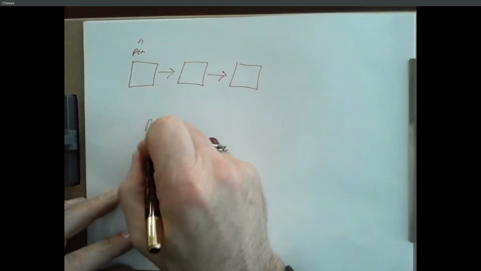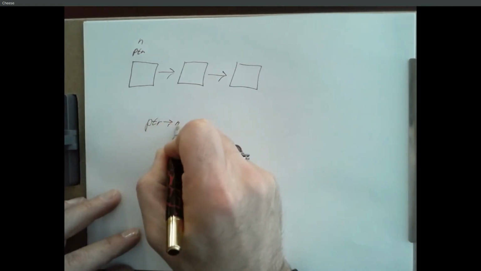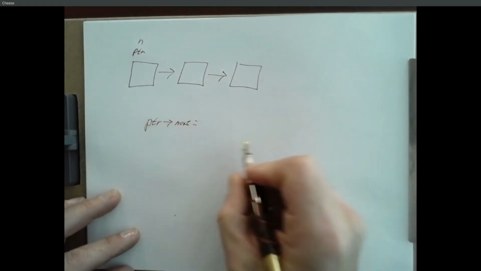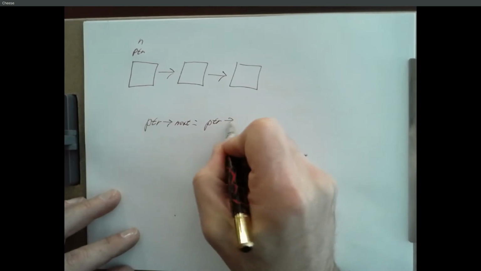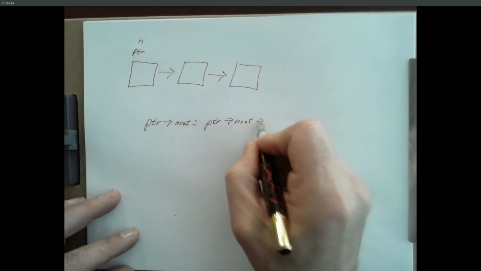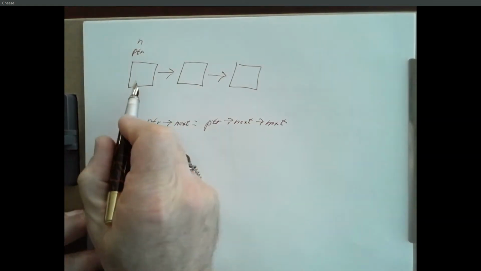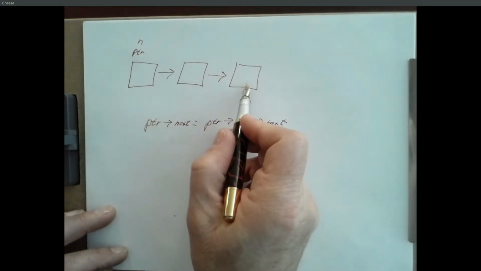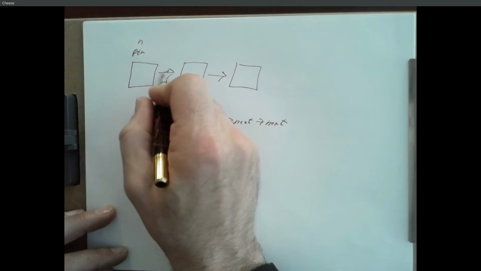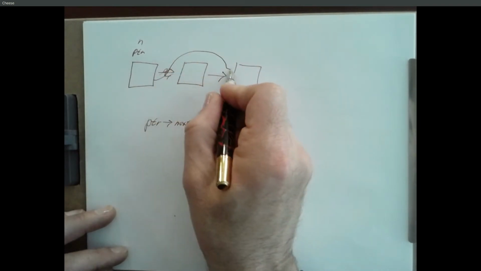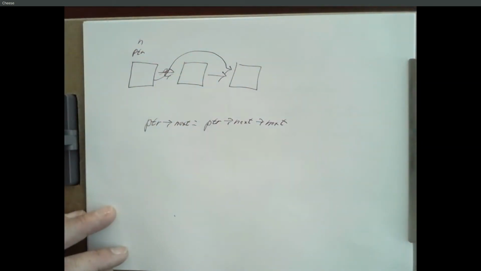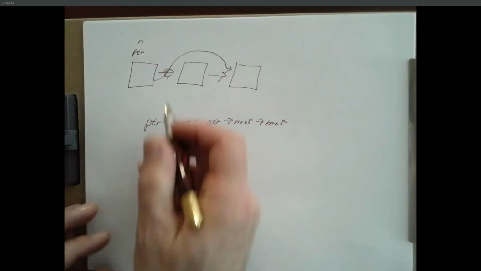If I were to do this, pointer next equals pointer next next, that's fine, because pointer next next is this node. If I set pointer next equal to that, I removed that middle node, but I have no way to free it now because there's nothing pointing to it.